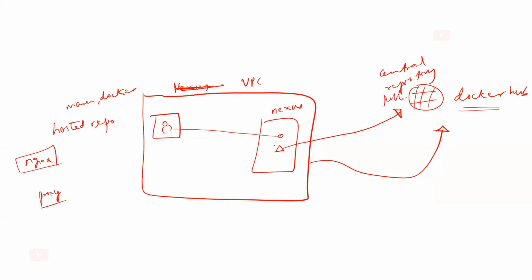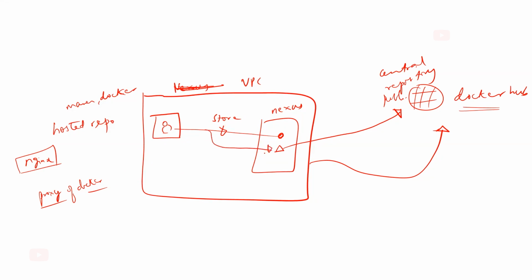So a proxy repository of type Docker should have a URL to the Docker Hub. Now, if I have to store some private artifacts that I created within the organization, I'll use the hosted repository.